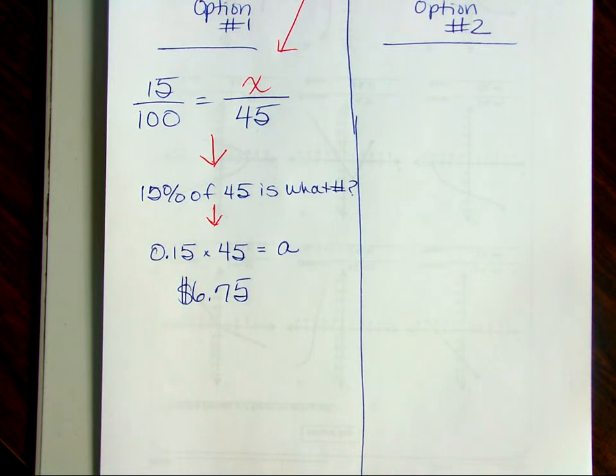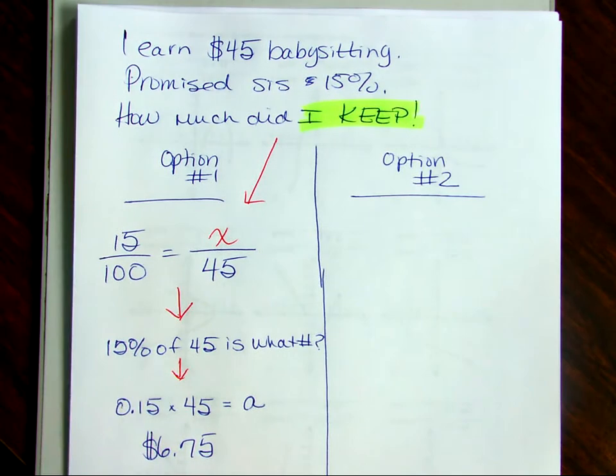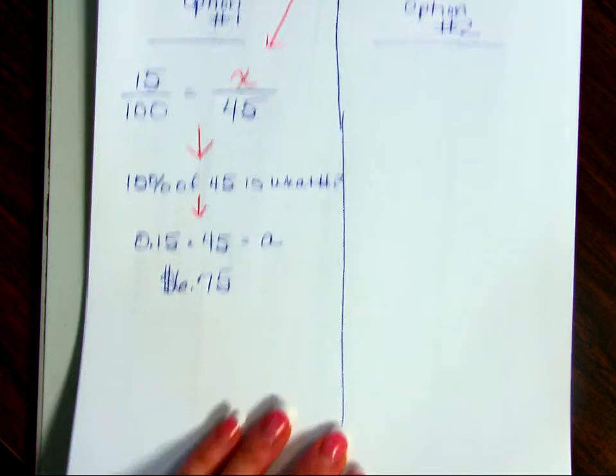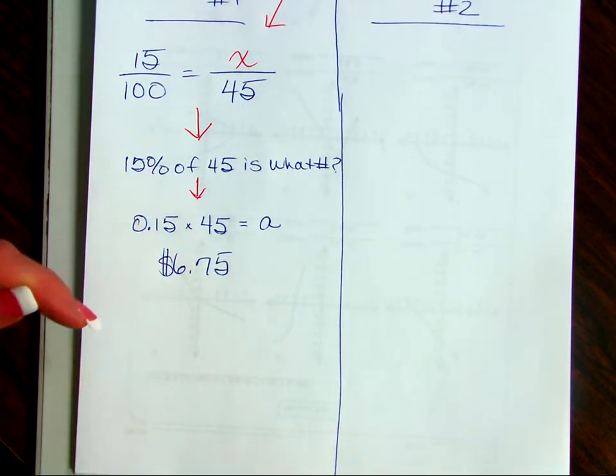And you failed your mission, because the question did not say, how much did I give her? Somebody had a great idea. They said, maybe we should highlight what they're asking. So if I don't put it in bold for you, then maybe you should highlight what it's asking you. Because 15% is 6.75, and that's not how much I kept.